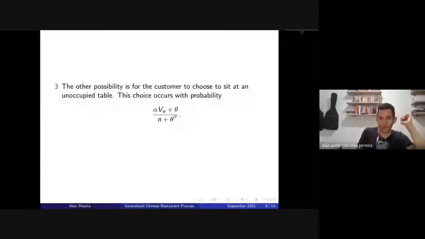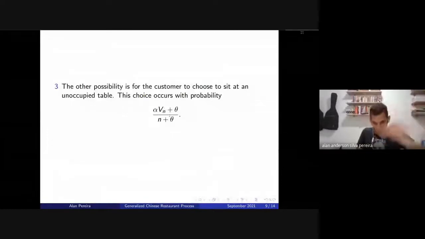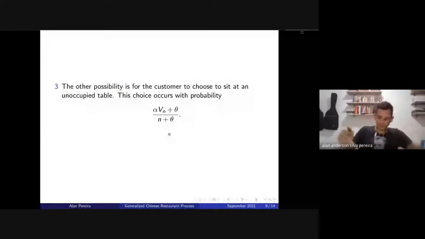We can put the probability of choosing a new table as the number of tables times alpha plus theta, over n plus theta. This is the important part, because this part of the probability represents the tendency to occupy new tables. The theta is only there so the sum becomes 1. Okay, so this is the model. Does somebody have any question about the model?